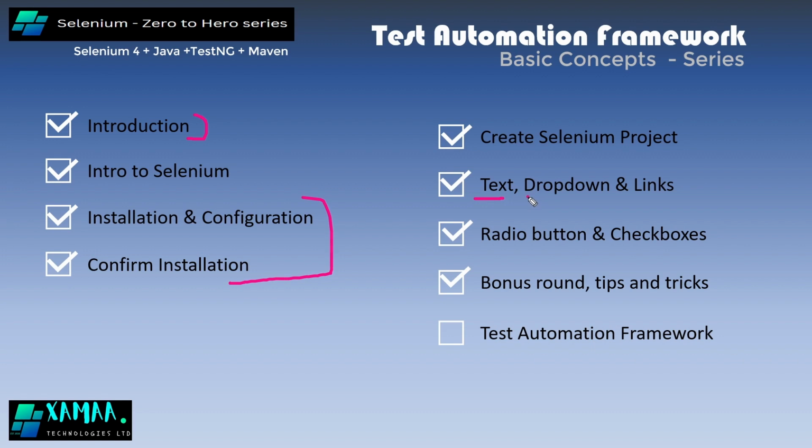We handled a few drop downs, links and buttons, radio buttons. We even handled complicated checkboxes. And then we learned how to create an XPath to handle complicated scenarios like checkboxes and radio buttons.